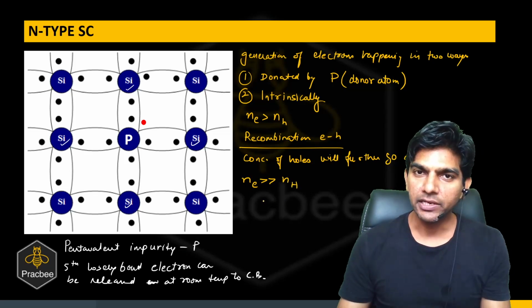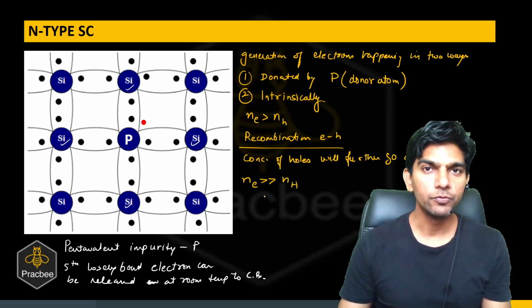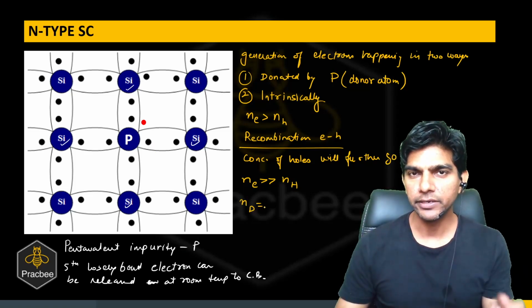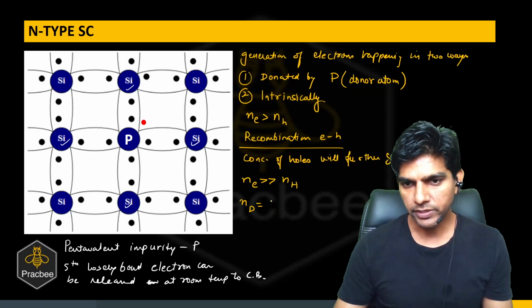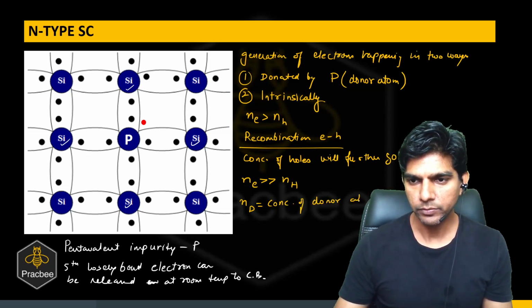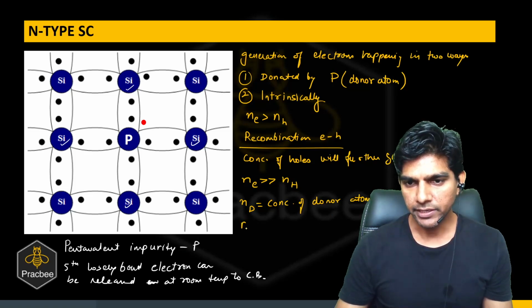So the majority of the electrons will come from where? They will come from the phosphorus. If Nd is the concentration of phosphorus atoms, that is, the concentration of donor atoms, then Ne will be nearly equal to Nd.